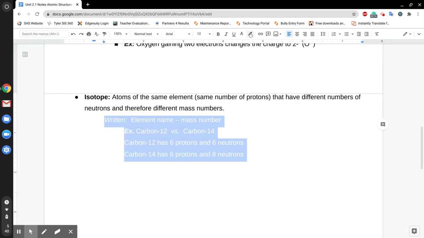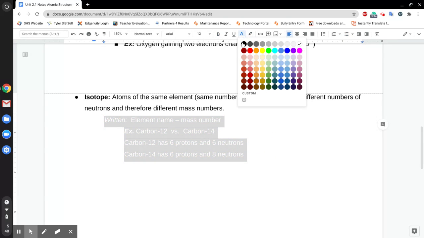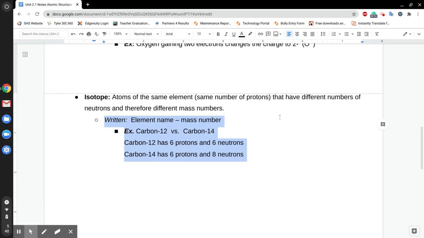So, we're talking about how we write them. When we're writing the type of isotope in its written form, we have the element's name, a written out name.